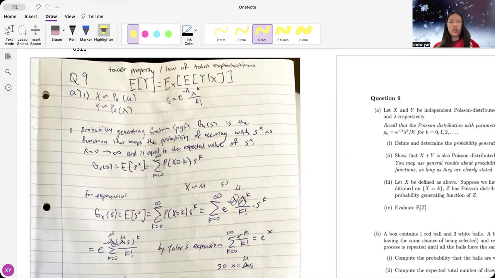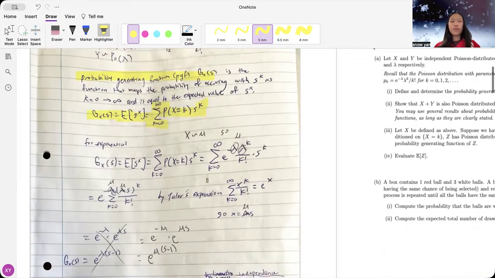The PGF g of X of s is the function that maps s to the expected value of s to the X, so g_X(s) = E[s^X], and that's equal to the sum from k equals 0 to infinity of P(X = k) times s to the k. That's just the definition.